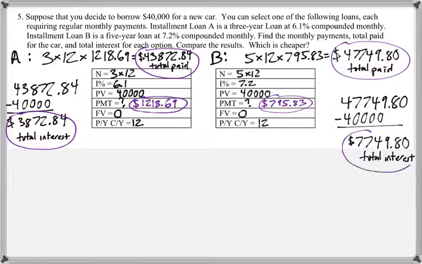So the total interest is $7,749.80. So comparing the results, option B has a cheaper monthly payment, but in the end, option A is cheaper.